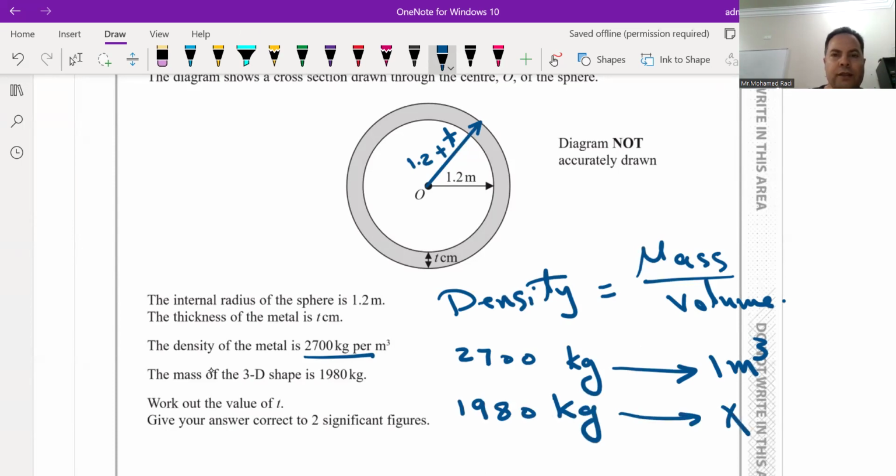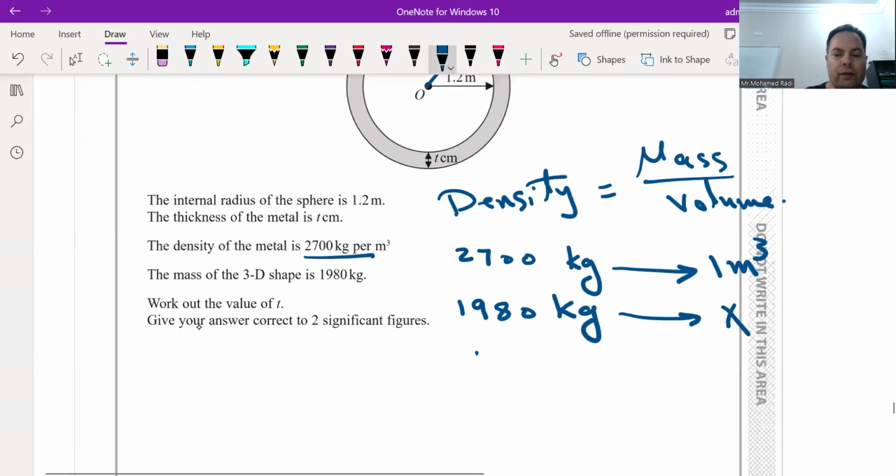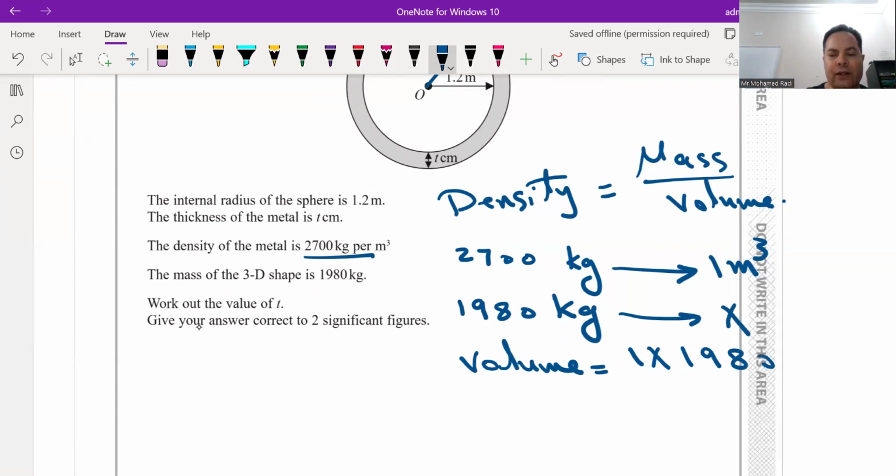By using cross multiplication, you can find the volume: 1980 divided by 2700.